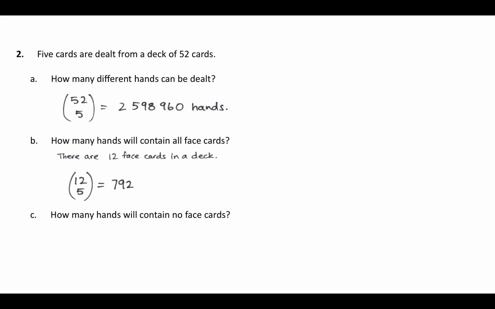If we want to know how many hands contain no face cards, we've got a deck of 52, and we know that 12 of them are face cards. If we want hands where there aren't any face cards, we can just throw the face cards right out of that pile. We take 52 and subtract out the 12.